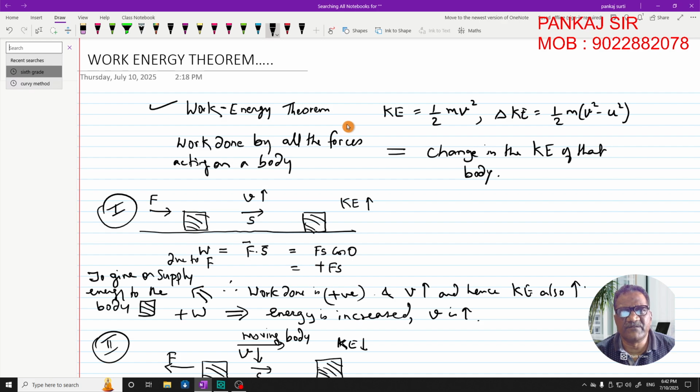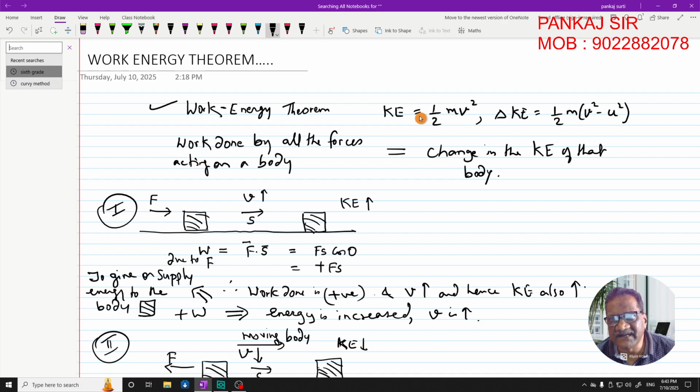Work energy theorem, if you want to understand, first you should know that there is something called kinetic energy, which is related to a moving body. And this energy is a scalar quantity and it is given by a formula: half times the mass of the body times the square of its velocity.